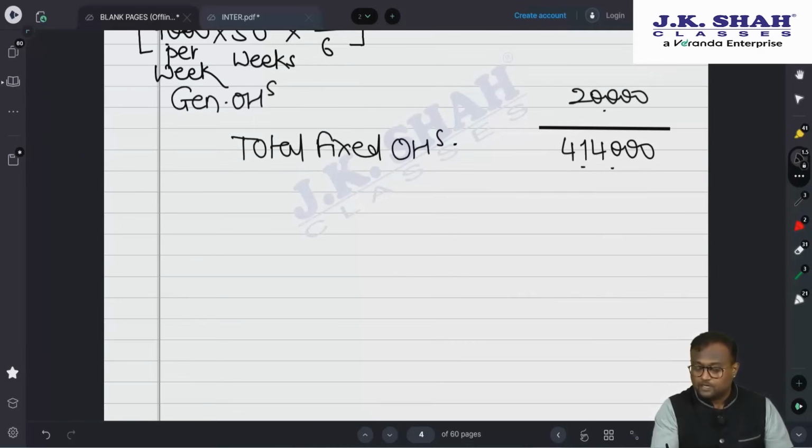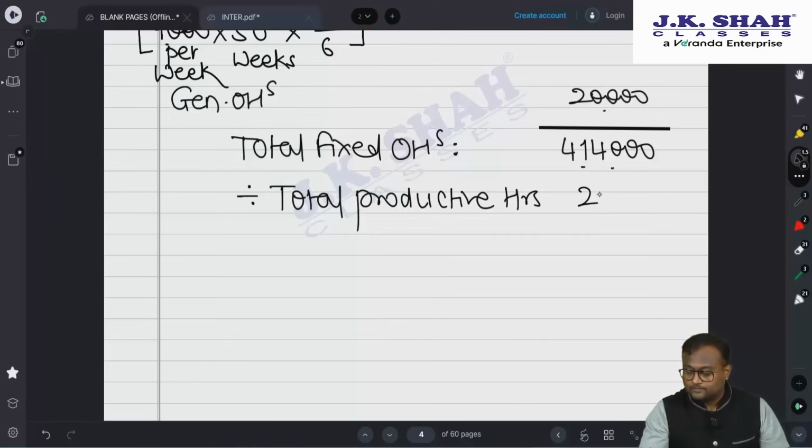I am telling you the simplest method of solving any question based on 2 tier. Your fixed overheads will always be divided by total productive hours. I am not at all interested in whether it is a running phase or a setup phase, because there are certain expenses which will be incurred irrespective of the phases.